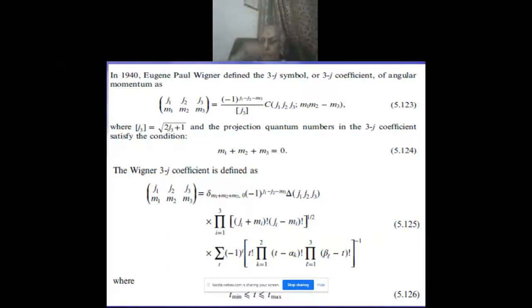Therefore, if it is a 3F2, the first term will be 1 plus abc divided by de, let us say, times z. The next one will be a into a plus 1, b into b plus 1, c into c plus 1 divided by d into d plus 1, e into e plus 1 into z squared by 2 factorial, etc. Now, one of the things which I realized is that I can write this in folded form.